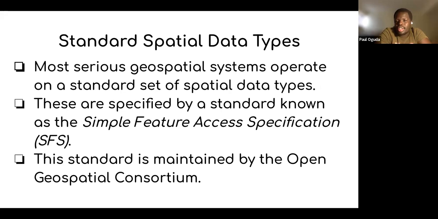If you look at most geospatial systems, they operate using a given standard which defines the different data types that you can use. This standard is called the Simple Feature Access Specification, and it's maintained by the Open Geospatial Consortium. You can actually check them out online.